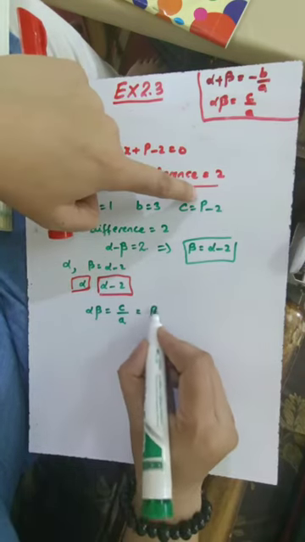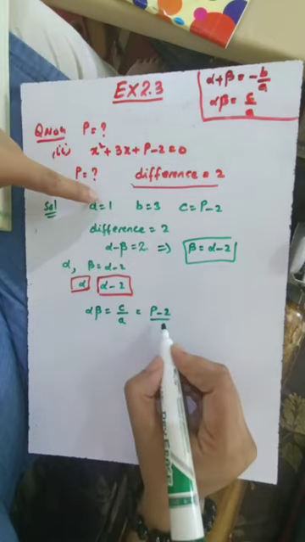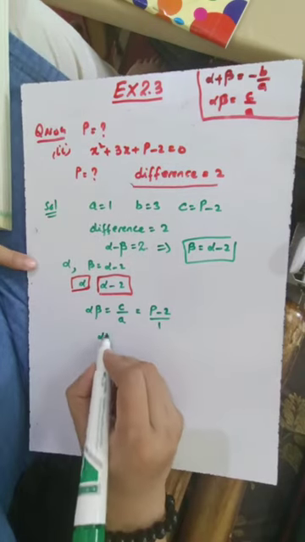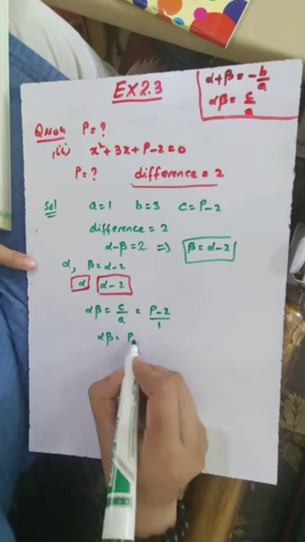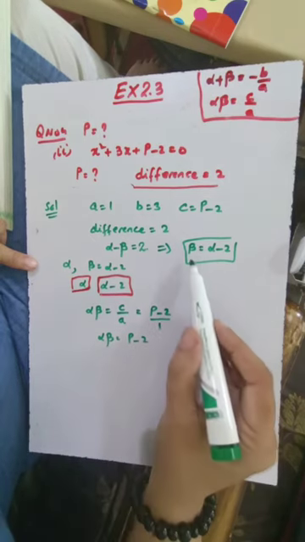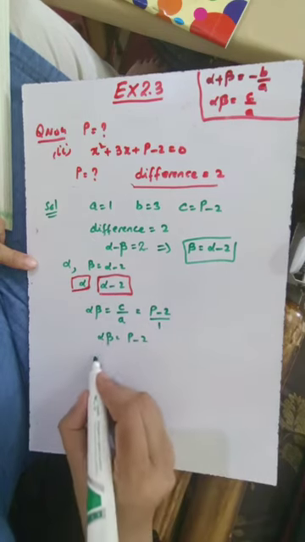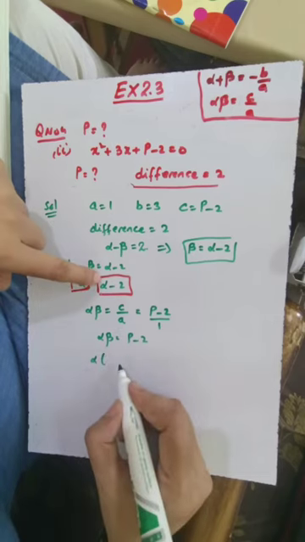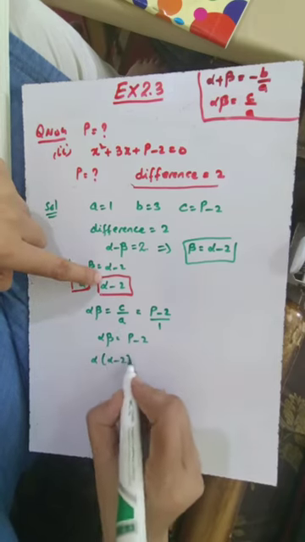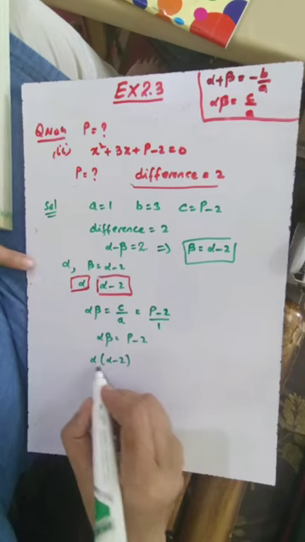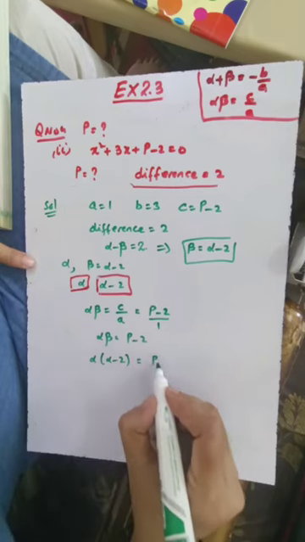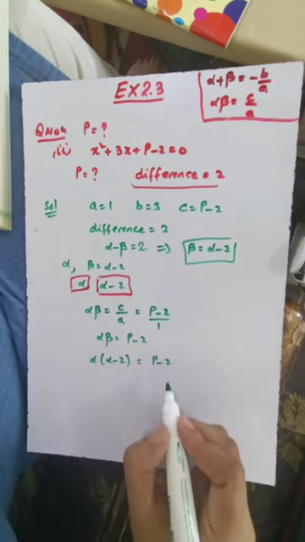C is p minus 2, and a is 1. So alpha into beta for this equation is p minus 2. We know that the first root is alpha and the second root is alpha minus 2. The product of the roots is equal to p minus 2.